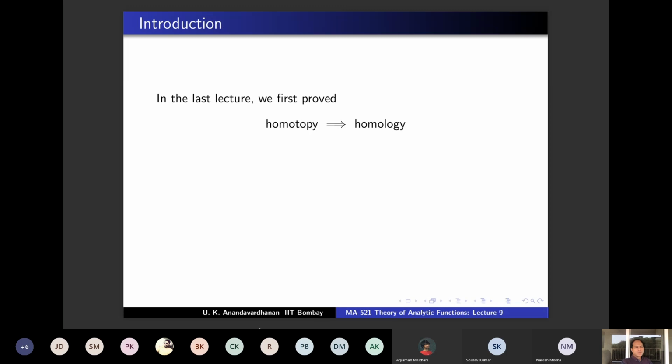And the idea was, before that we had made one observation, which is going to play a role in today's lecture also. So let's recall that. What was the observation that we proved?